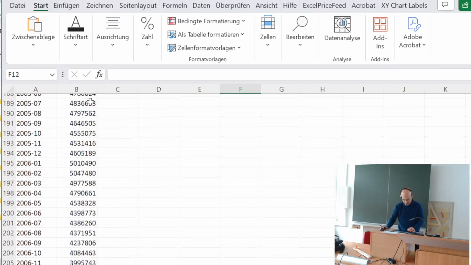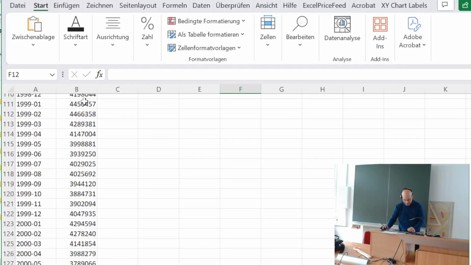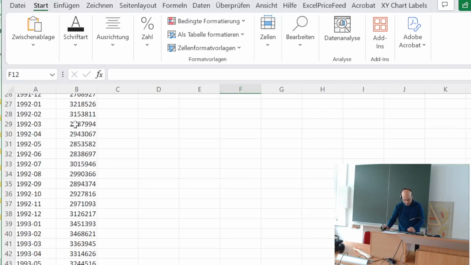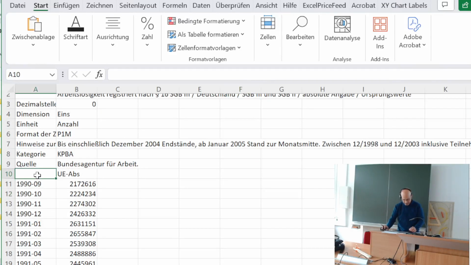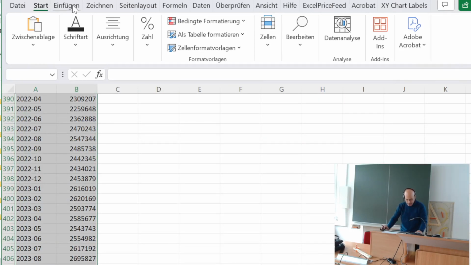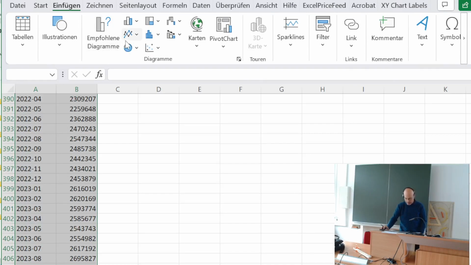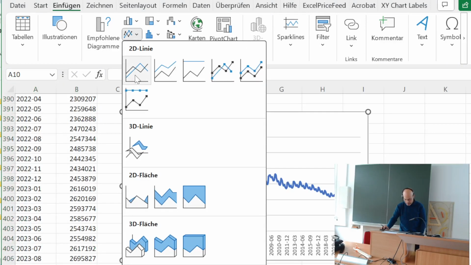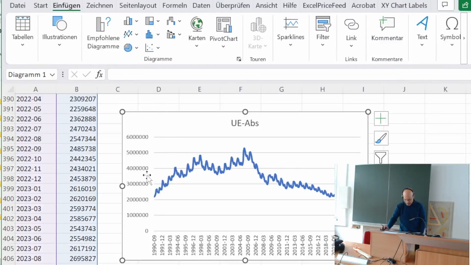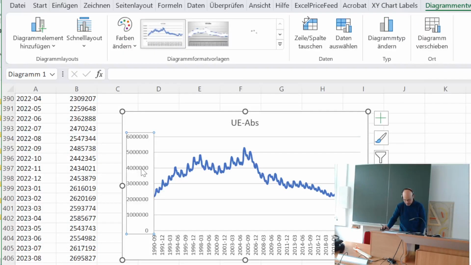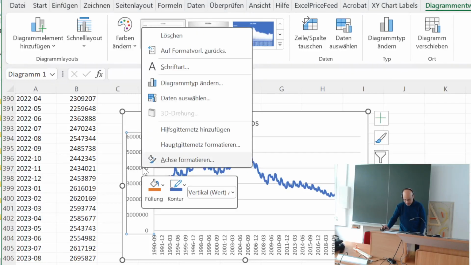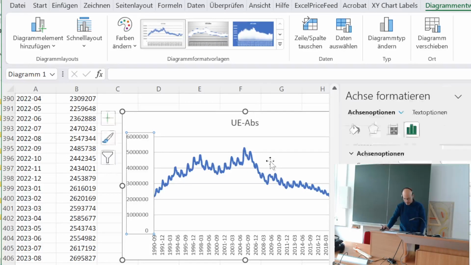I'm sorry. This is the file, but not the diagram. Again. And, oh, at first 219 we need.